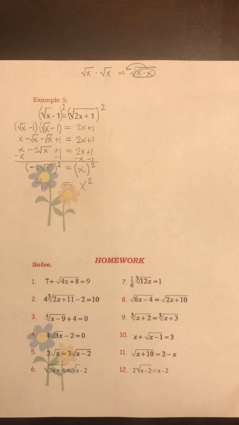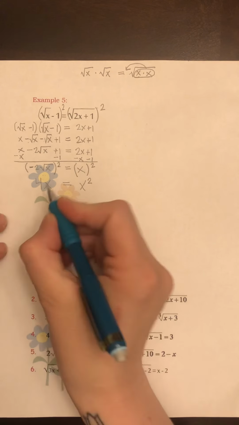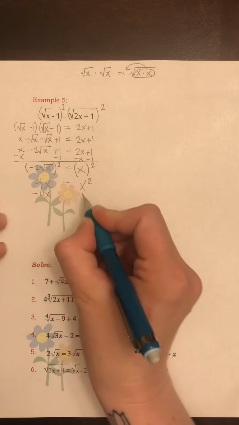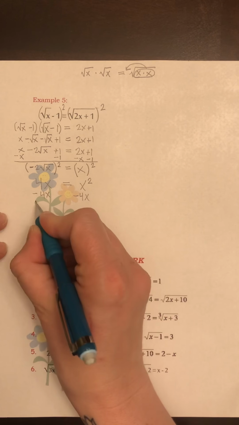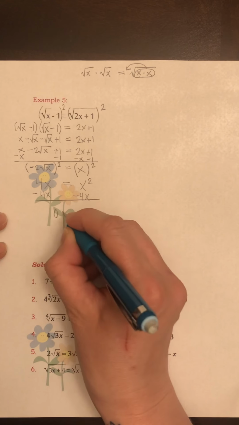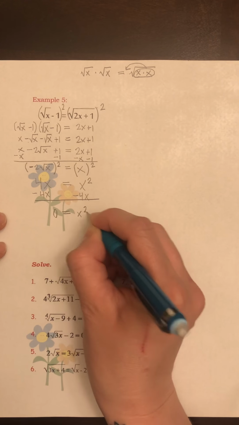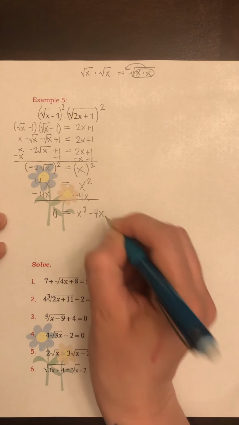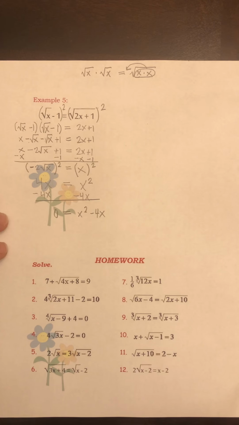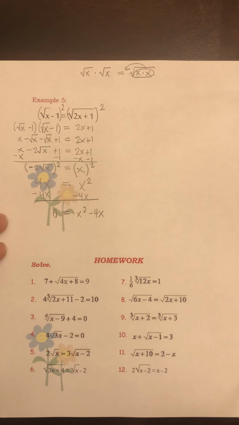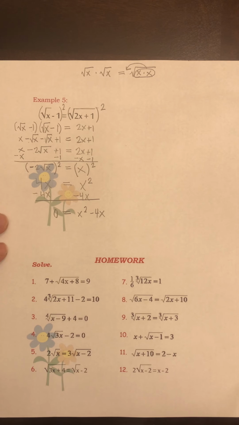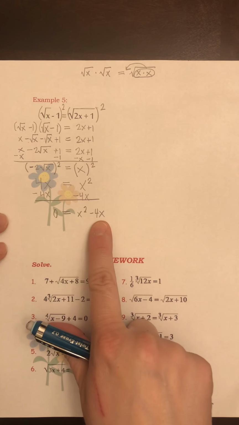We have a quadratic because we have an x squared, which means we need to get 0 on one side. So I'm going to subtract this 4x on over. And I have 0 equals x squared minus 4x. All right, you might be wondering, what can we do? We can't do a sum and product chart because it's not a trinomial. We can't do difference of squares because there's an x with that 4.